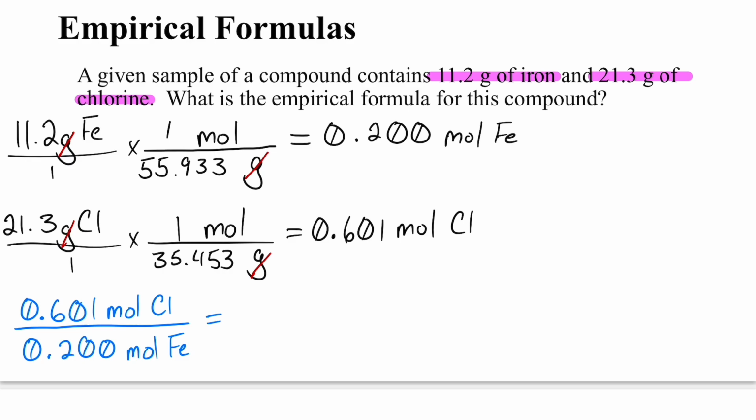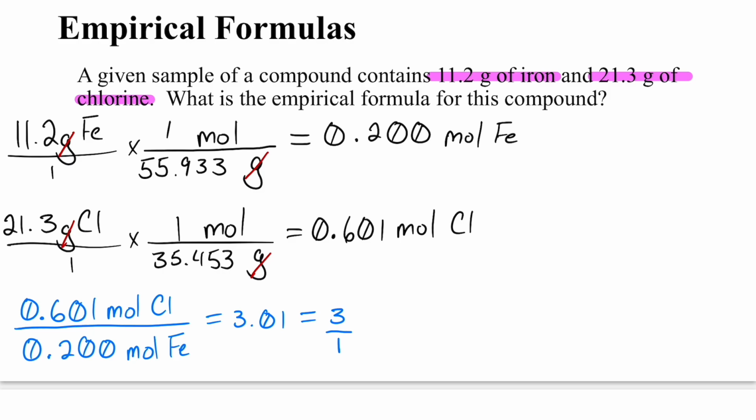That gives us an answer of 3.01. Now, we want to round this to the nearest whole number so we can make it a whole number ratio. Well, the closest whole number to 3.01 is 3. To make it a ratio, we've turned it into a fraction, 3 to 1. So this tells us we have 3 parts chlorine to 1 part iron in this formula.